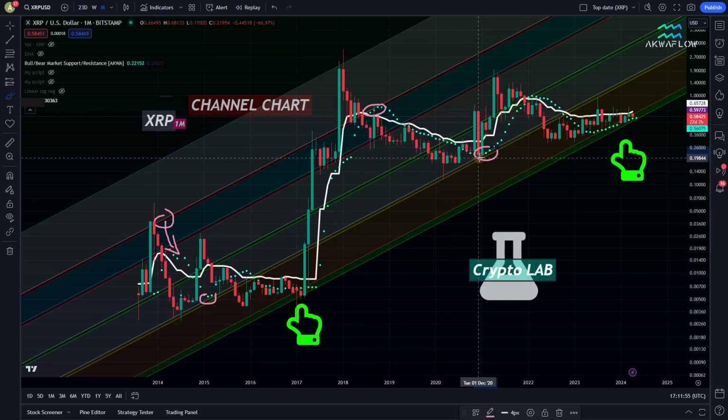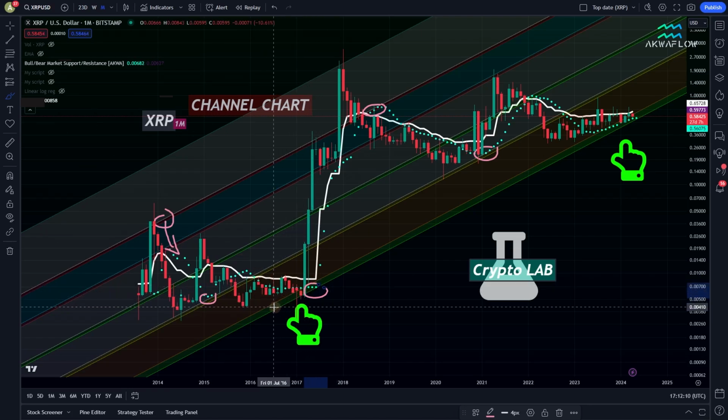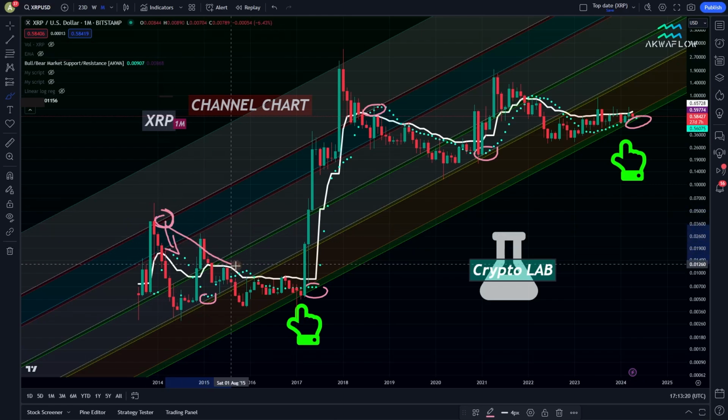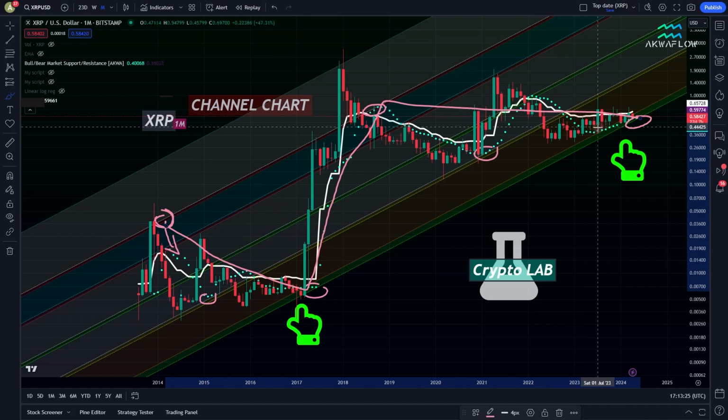And now you can see where I'm going with this. Here we have the bottom of the bull market support with the blue dots. And the bottom was right in the green area. So this means that if the blue dots want to stay in this channel, this has to be a bottom also. This way we would have a top just right here, then a bottom, a top, and a bottom of the blue dots.